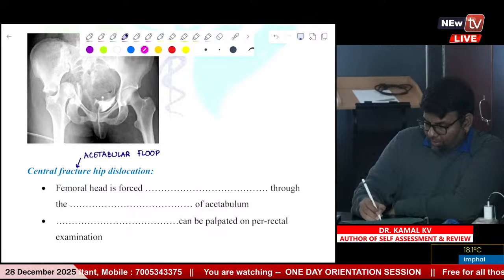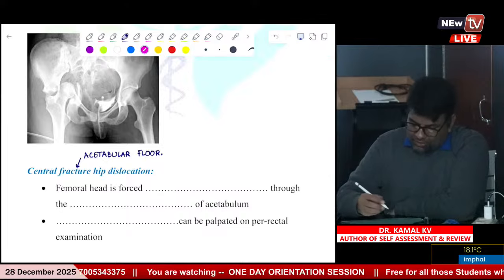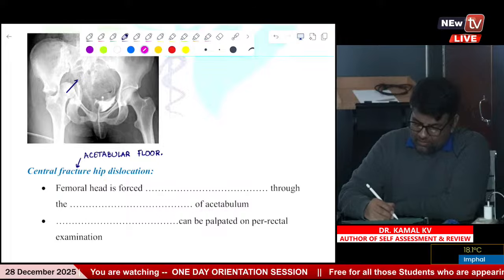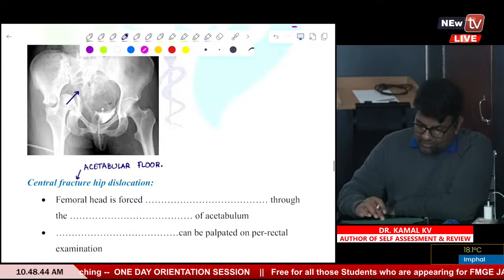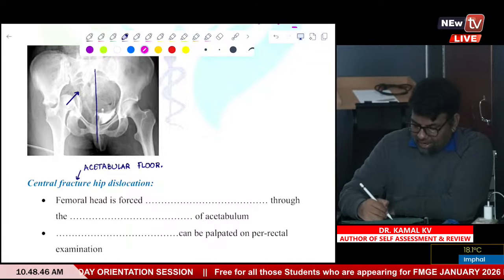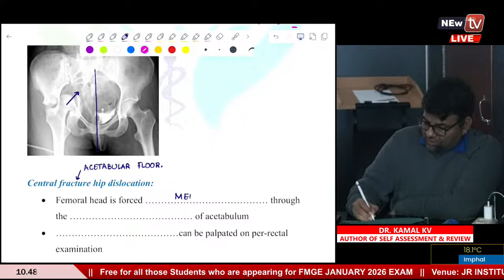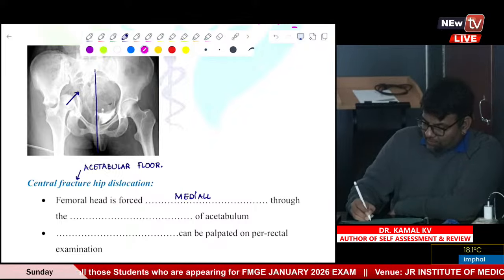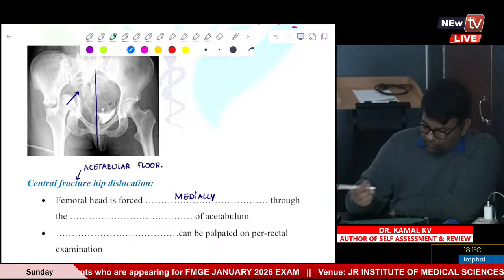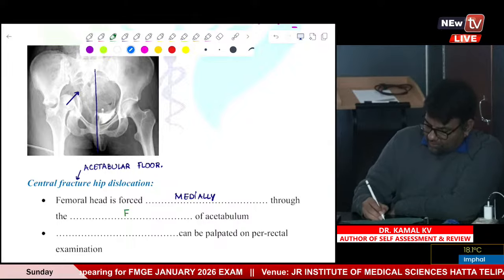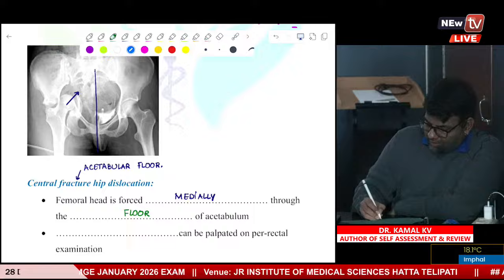In which direction is the head of femur going? Inside, towards the midline. So it is forced medially through the floor of the acetabulum. It has perforated the floor of the acetabulum.